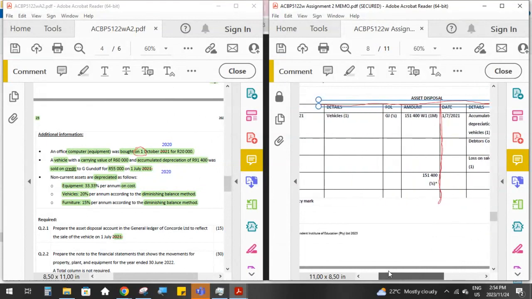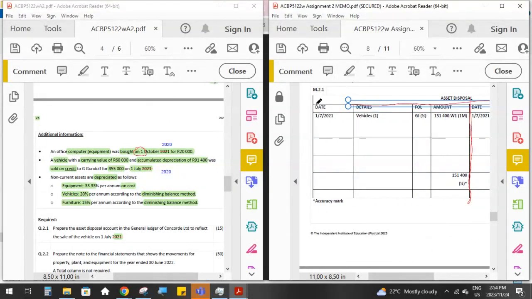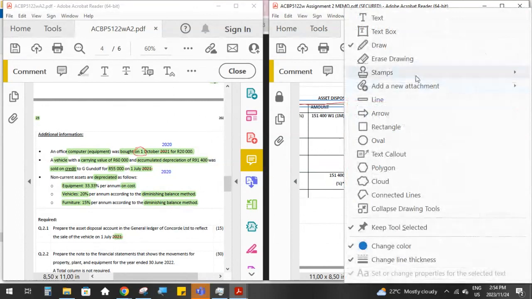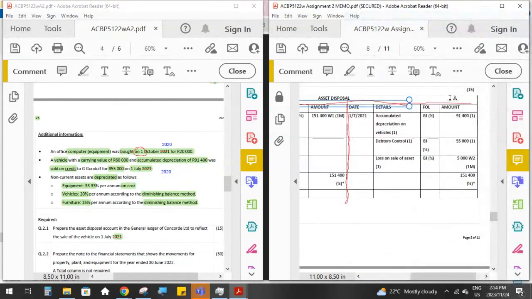On the left-hand side, if we want to debit our asset disposal account, we will enter that here, and if we want to credit our asset disposal account, we will enter that here on the right-hand side.